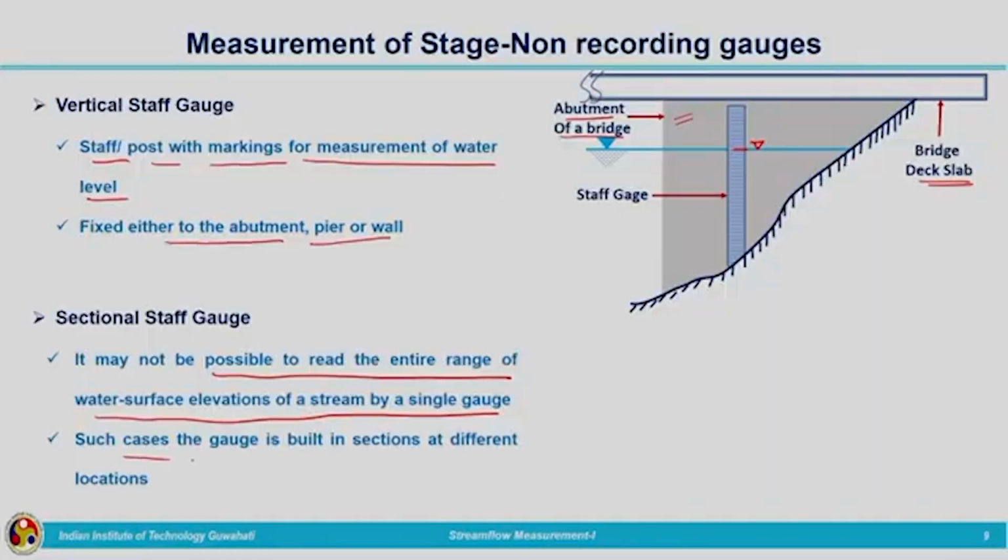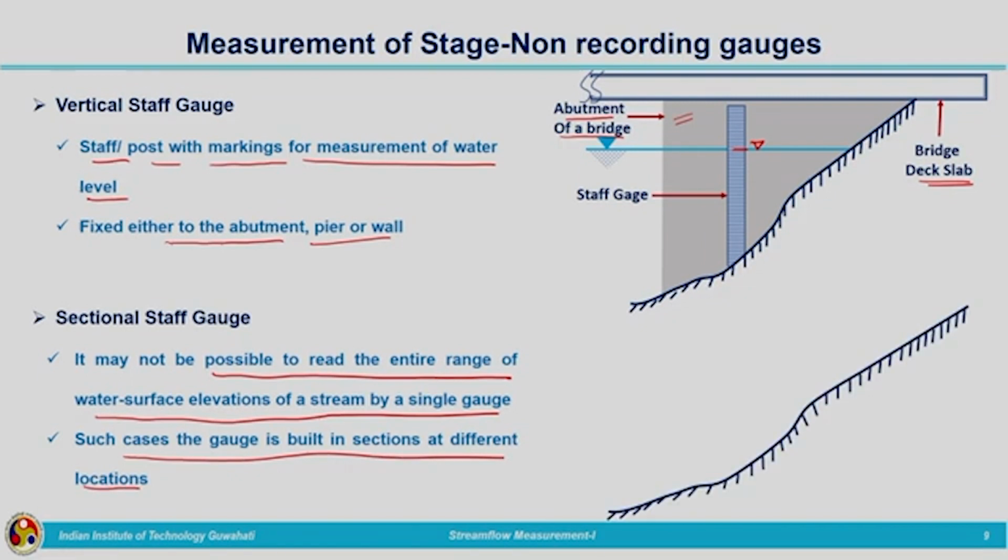In such cases, the gauge is built in sections at different locations. It can be visualized by means of a schematic diagram. This is the riverbed and we have the water level at a particular season up to this, and different staff gauges are placed in the river like this. So, during the high flood time, we may have the water level up to this level.